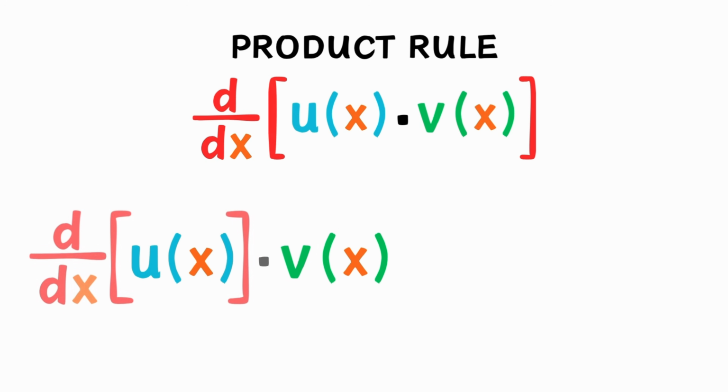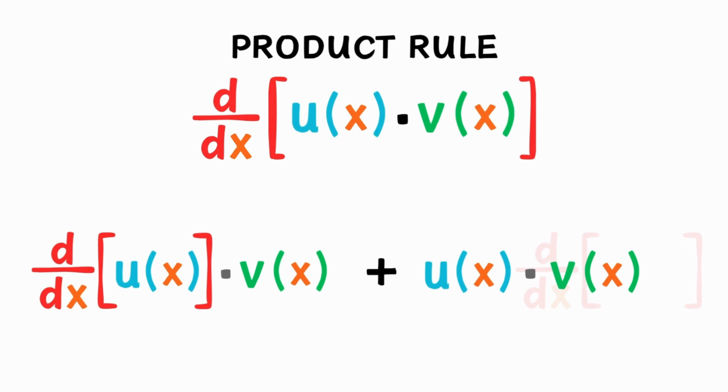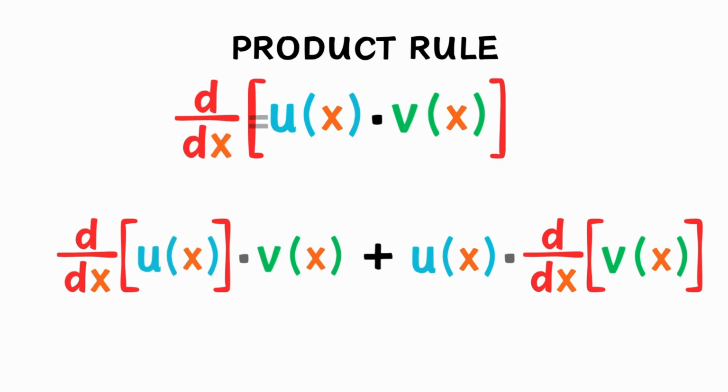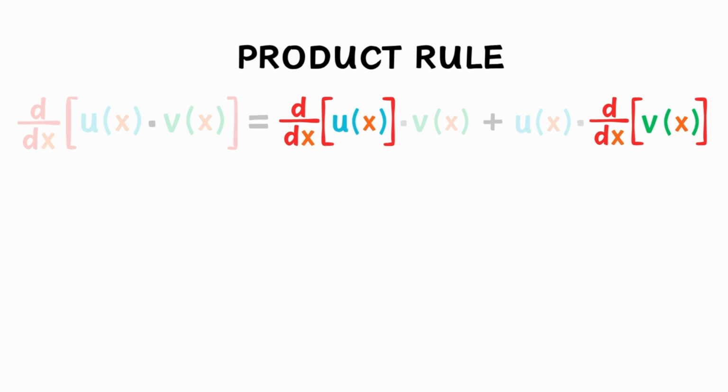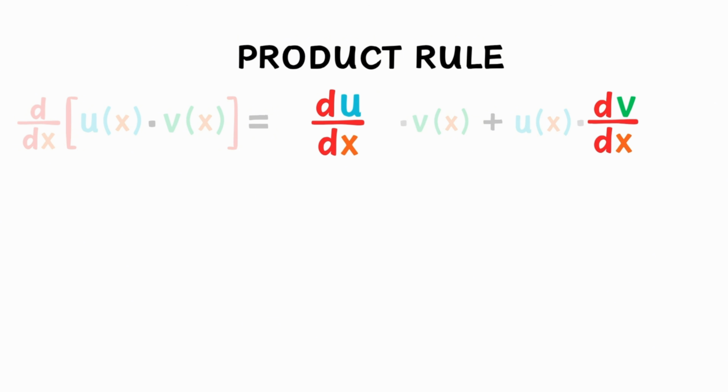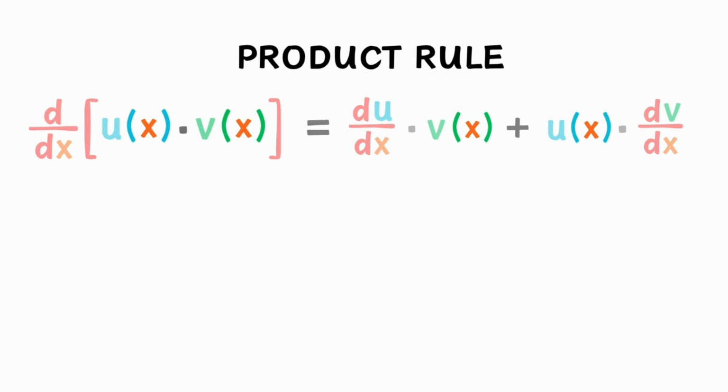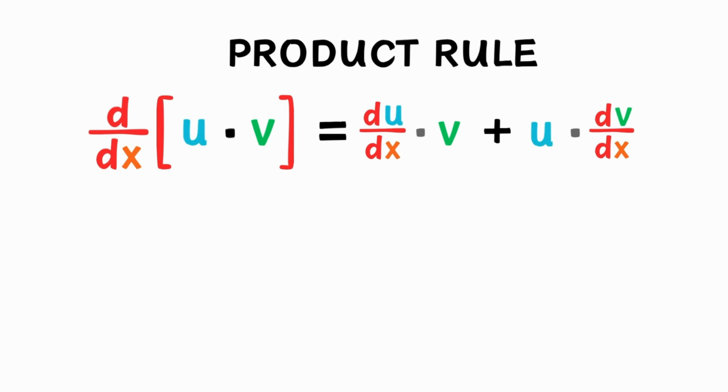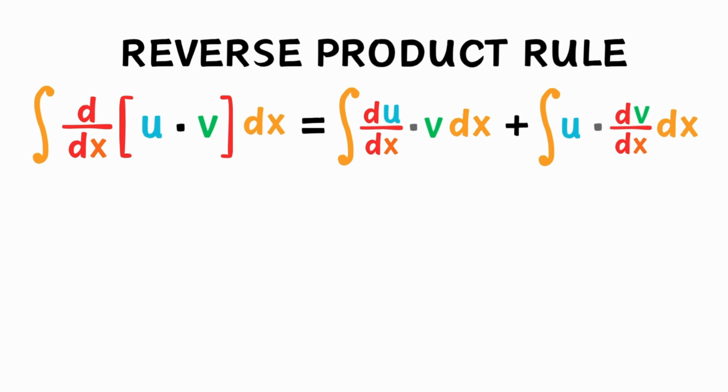That's the derivative of the first function times the second function plus the first function times the derivative of the second function. On the right, let's rewrite the two derivative operators using Leibniz notation, du over dx and dv over dx. And since we know both u and v are functions of x, let's also simplify their notations to just the function names. Now, let's take the integral of both sides to find the reverse product rule.